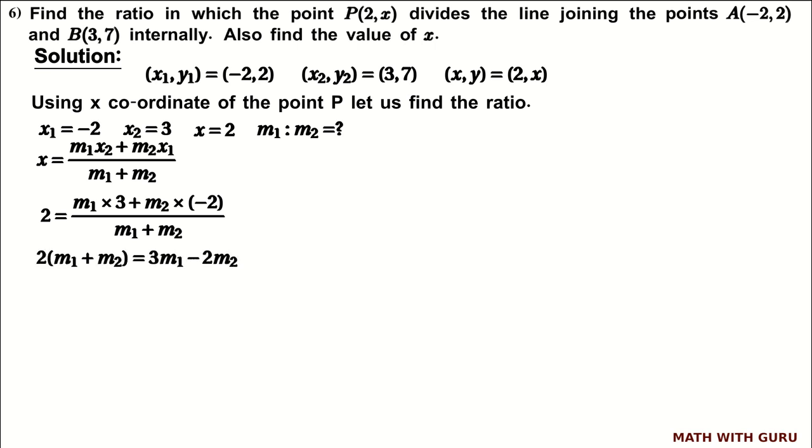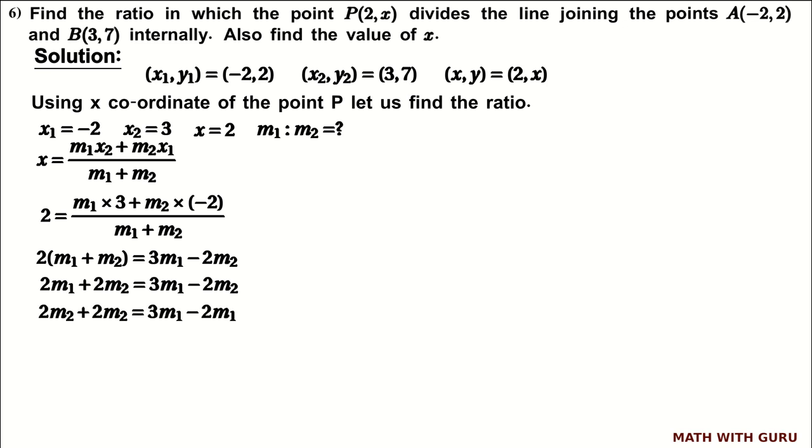Let us bring m1 + m2 to the left hand side. 2 into (m1 + m2) equals 3m1 - 2m2. Open the brackets. 2m1 + 2m2 equals 3m1 - 2m2.